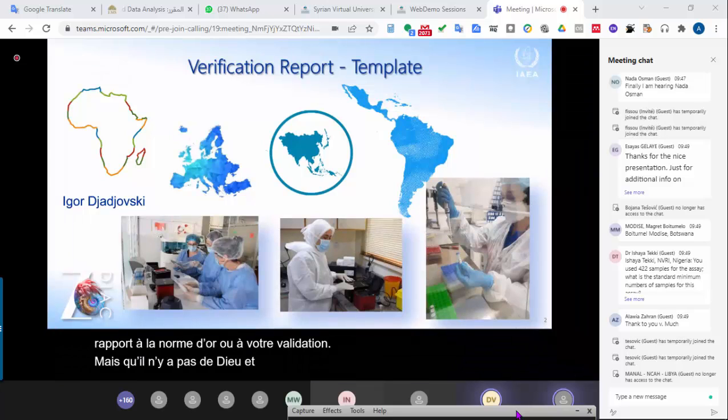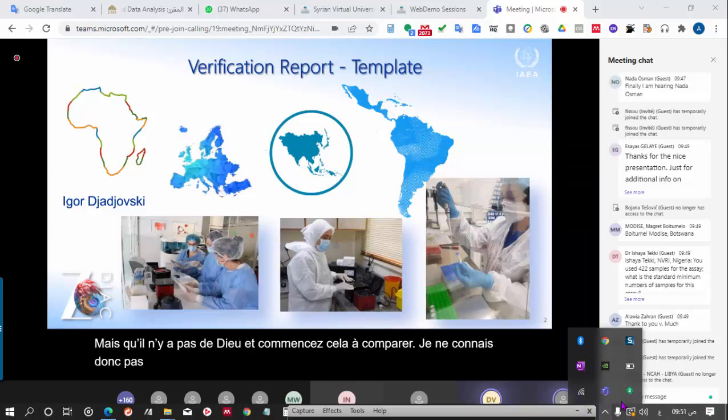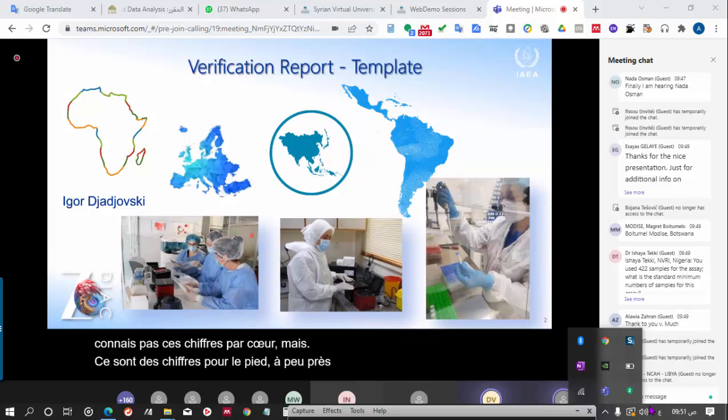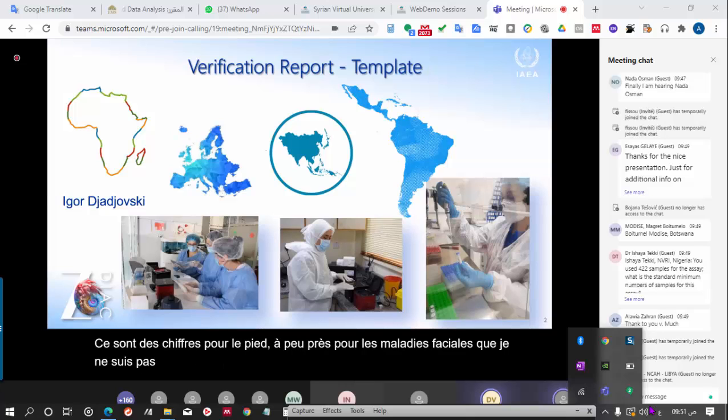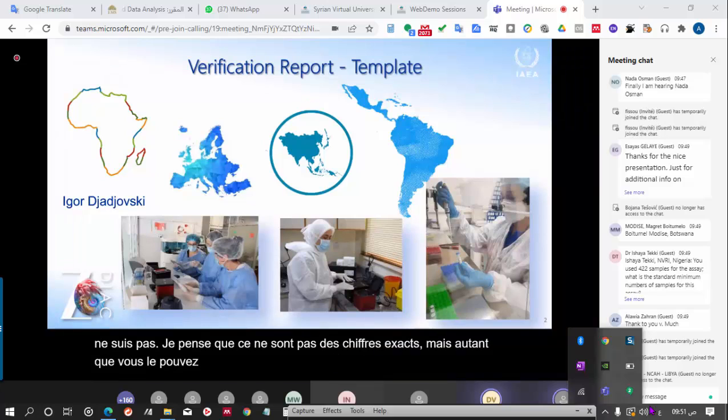I do not know these numbers by heart, but they are numbers for food. But for infectious diseases, I think that there are no exact numbers, but as many as you can. The more the better.